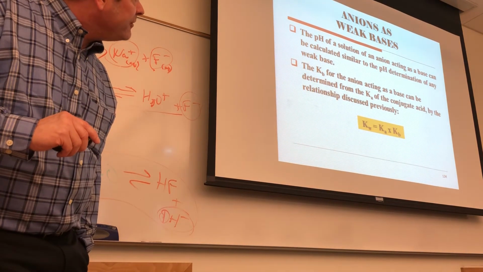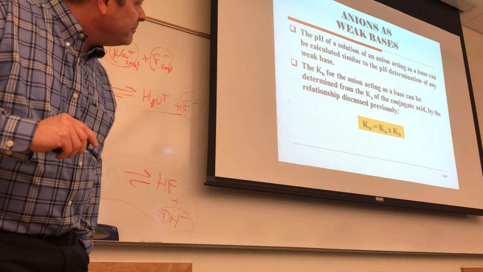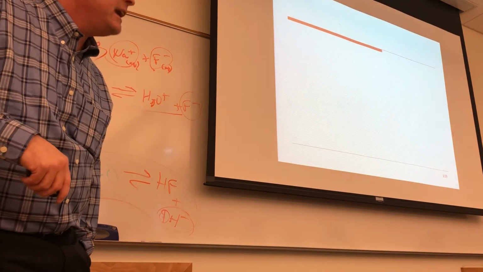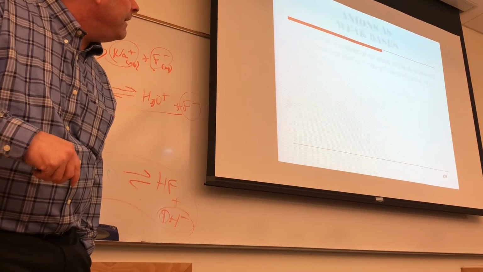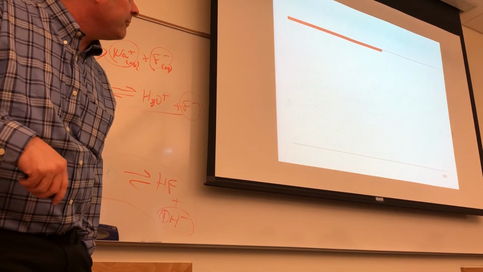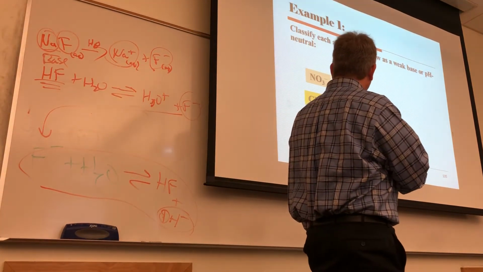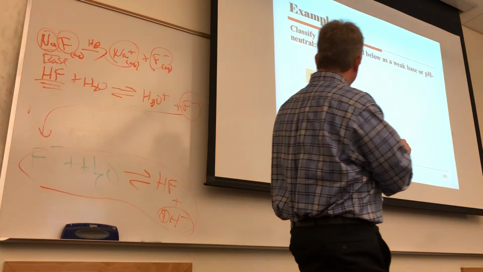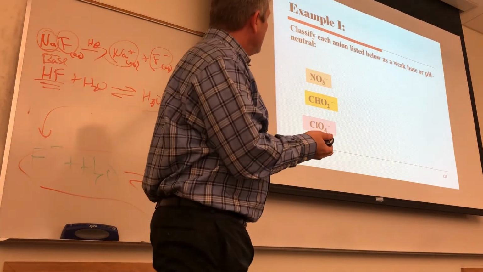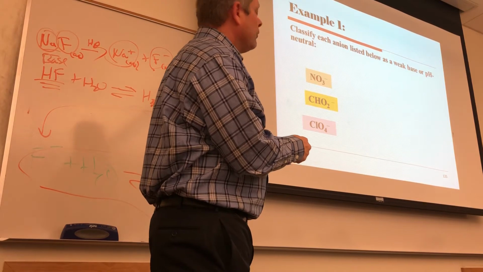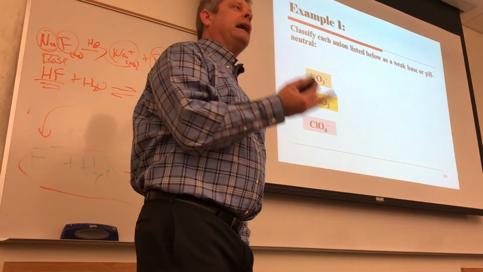Now, here, pH of a solution acting as base, calculate, and so on. We know how to do that. We call Kw equals Ka times Kb. And that allows me to make a determination of something. And we'll see what here. So I look at the anion, which is also the conjugate base of a weak acid, right? And each anion listed below as a weak base or pH neutral, what do I want to look at here?